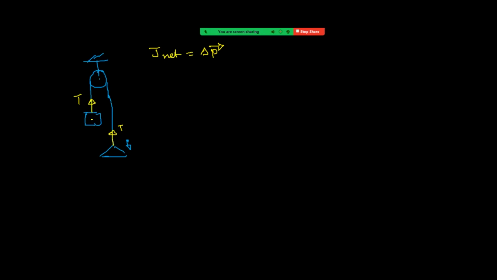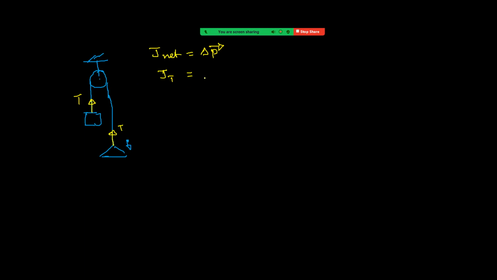We are neglecting the gravitational force, so it is now only tension which is very large. Therefore, the impulse due to tension is equal to, see carefully, now the impulsive force becomes the net force, and the impulse of the net force is equal to the change in momentum.